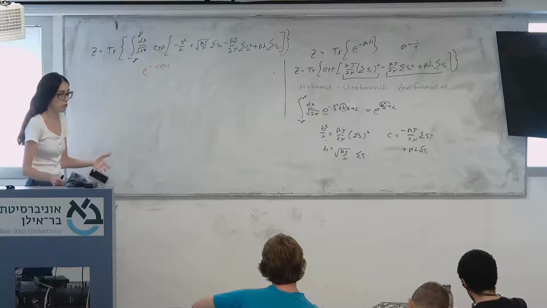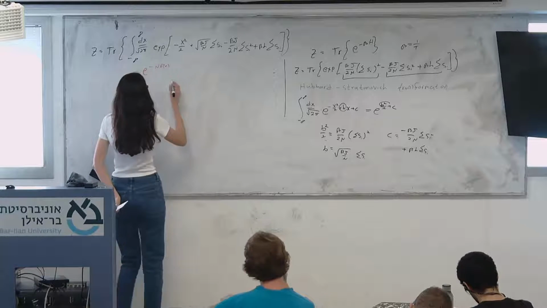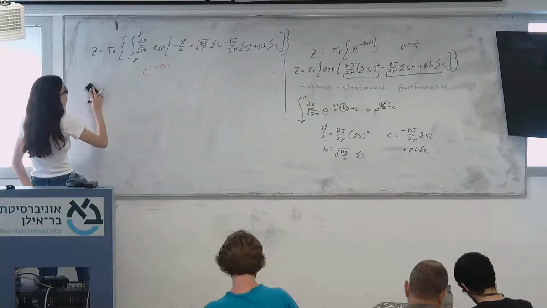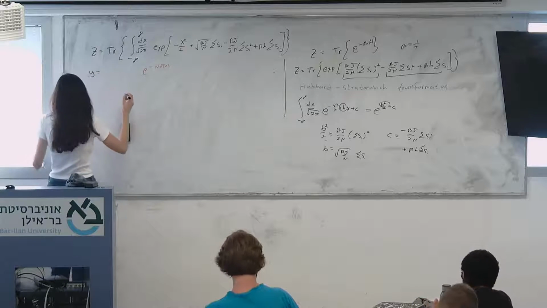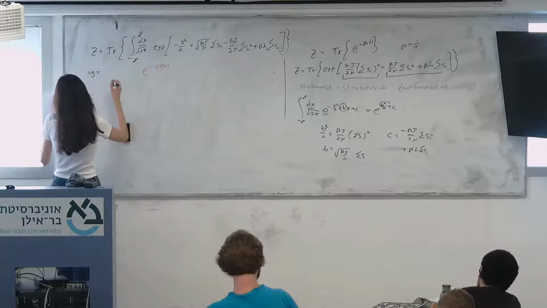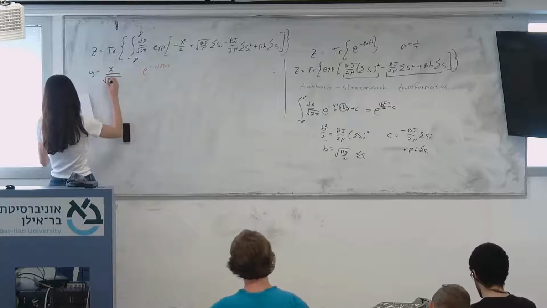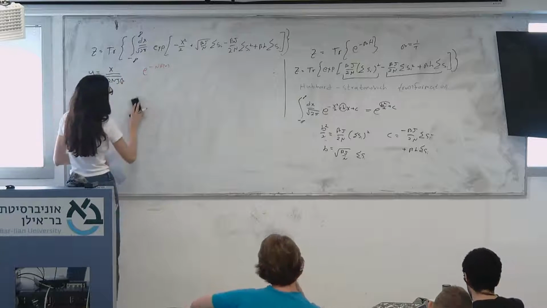So what we're going to do is just a change of variables. Let's define y equal to x over square root of 2nj beta.